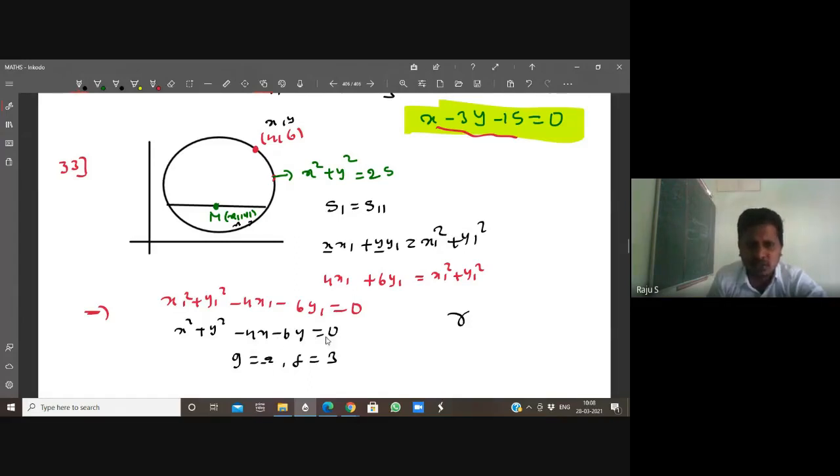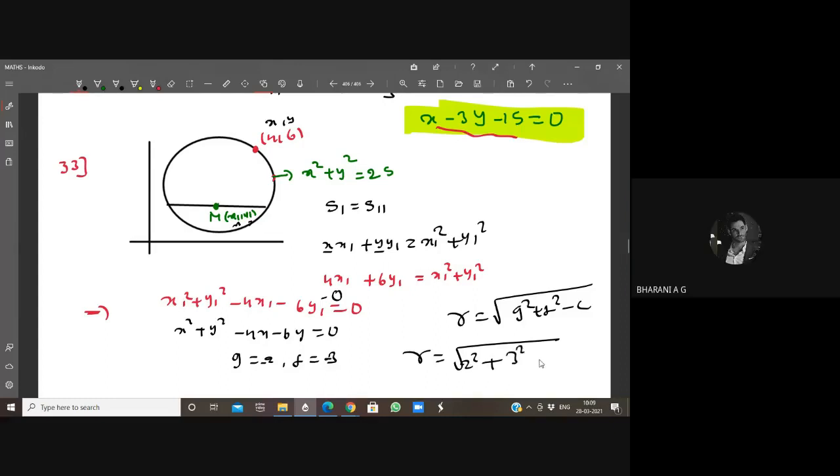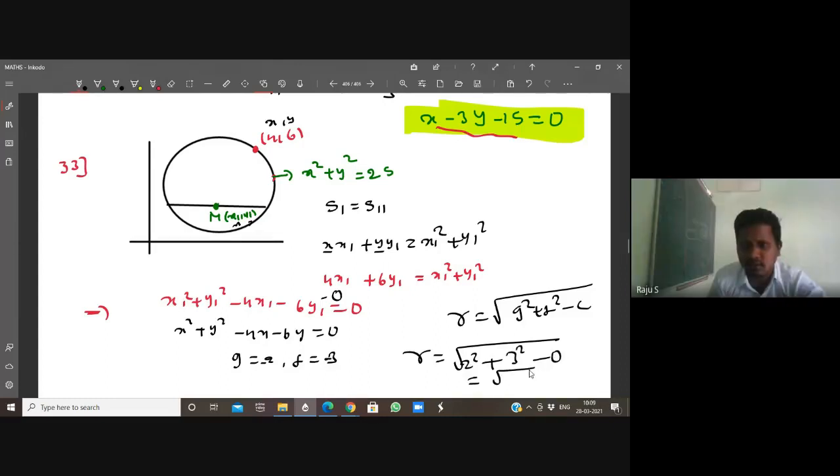Comparing with 2g, 2g value is minus 4, so g value is minus 2. 2f value is minus 6, so f value is minus 3. The center is minus g, minus f. The radius formula is root of g square plus f square minus c. Is there any c value in the circle? No, the c value is 0. So the radius is root of 2 square plus 3 square minus 0, which is root 13.